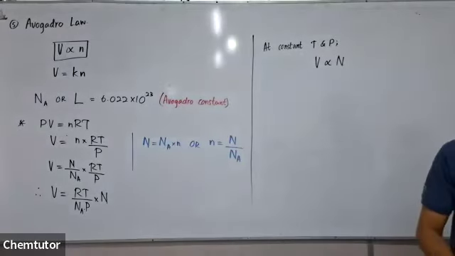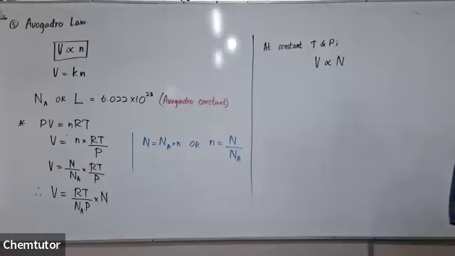So that is the Avogadro. That's how we derive the Avogadro constant. Is it clear?